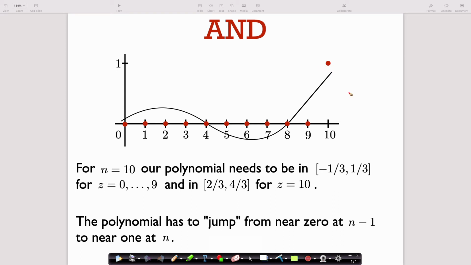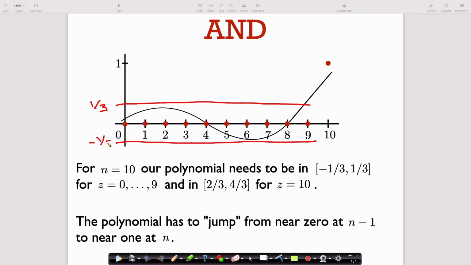So what this means is that this polynomial is bounded in this whole region, at least on the integer points. On all the integer points in this region, it has to be in this little window between 1/3 and minus 1/3.